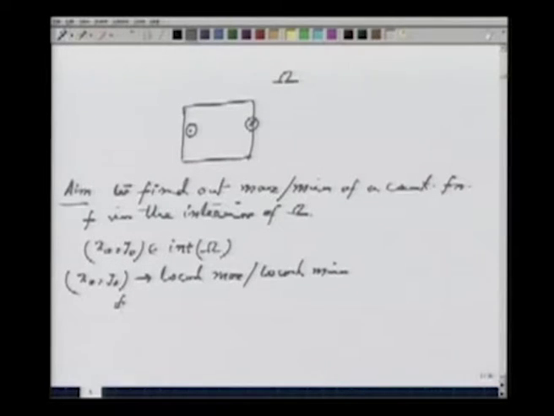This would imply that fx at (x naught, y naught) is 0, okay. Now I apply the extended mean value theorem.